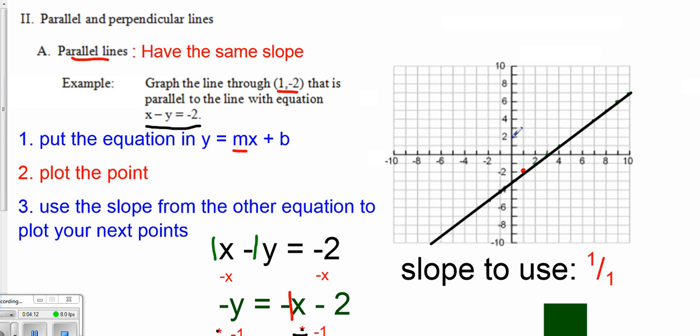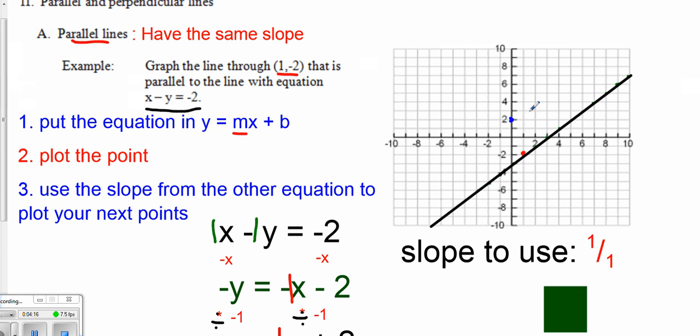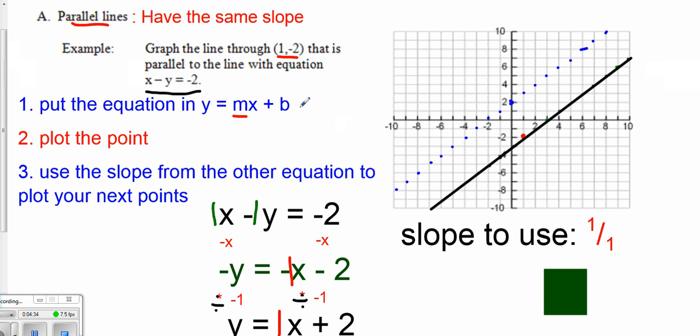That plus 2 tells us we start right here. That 1x says go up 1 over 1, like that. I'm not going to draw on the line, but just by looking at these points, you can tell these two lines are exactly parallel. They are never going to intersect each other. They run side by side forever without ever touching, which is what parallel means.